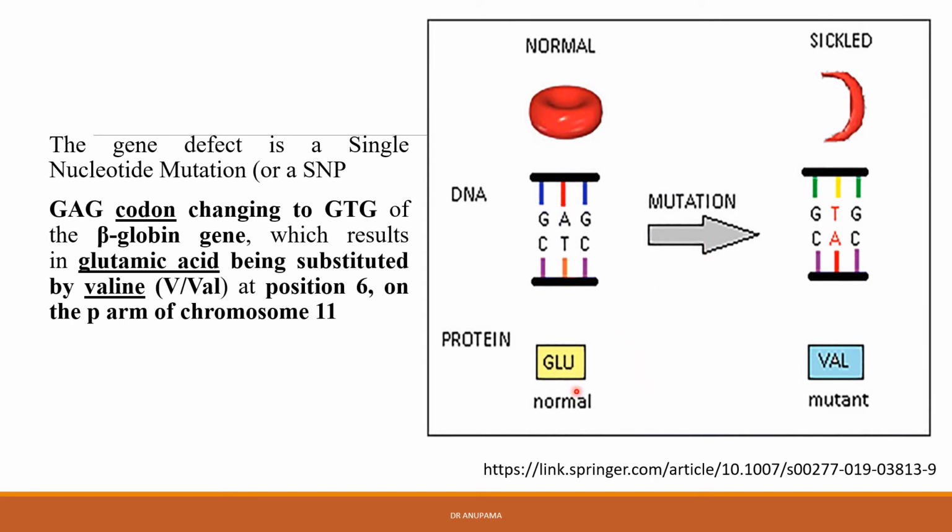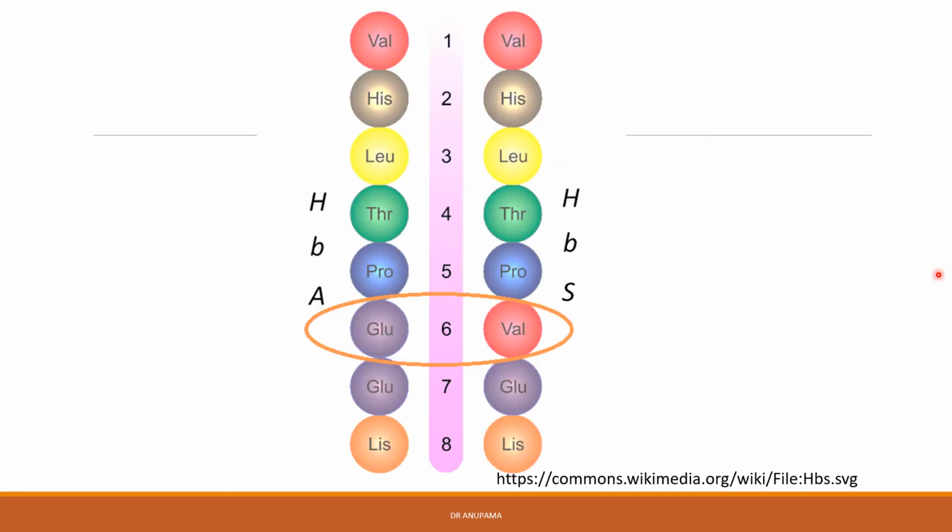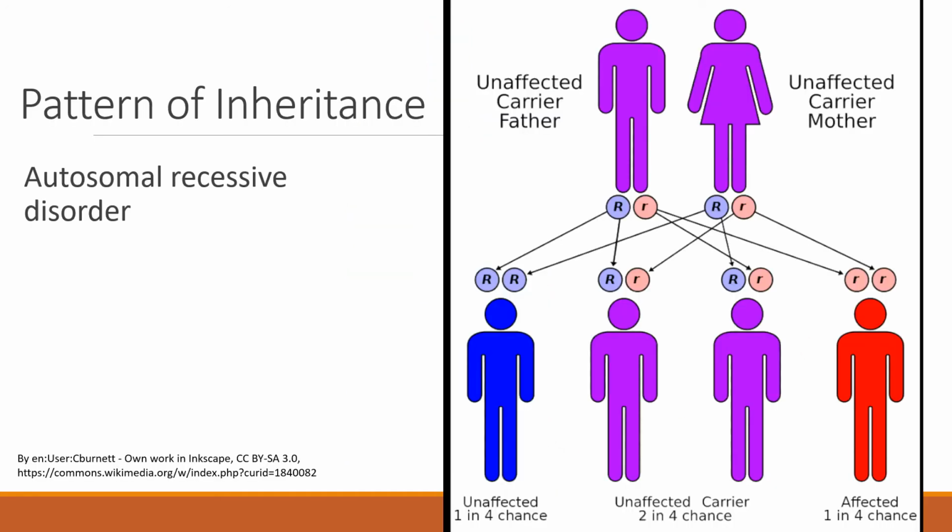So one point mutation is leading to a change in one amino acid. Here we can see glutamic acid is replaced by valine at the 6th position. This is the HbA, while this is the sickle cell hemoglobin.